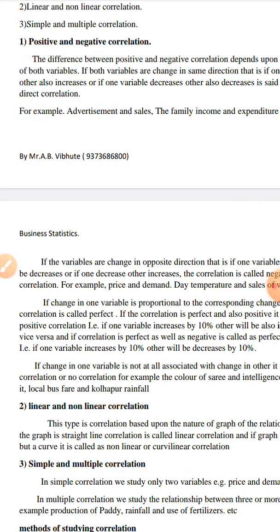That is, if the variables change in opposite directions, that is, if one variable increases, the other will decrease, as opposed to the positive, then there is negative correlation between two variables. We already know from the previous year that there is some relation between price and demand. That is, if price increases, then demand will decrease. Therefore there is a negative correlation.